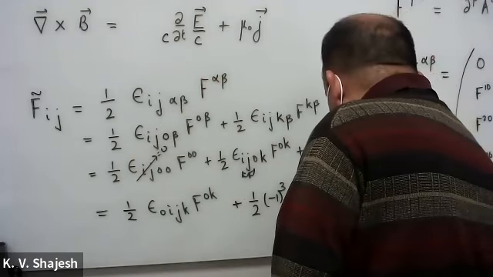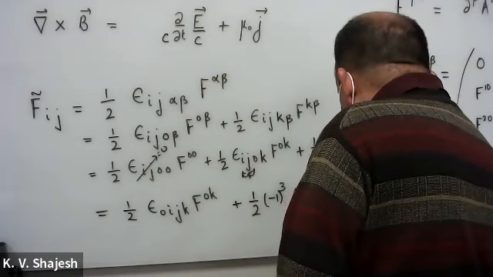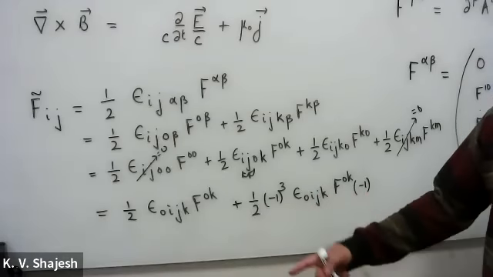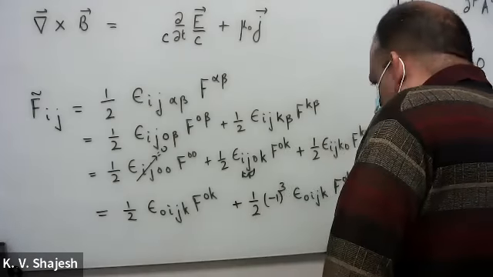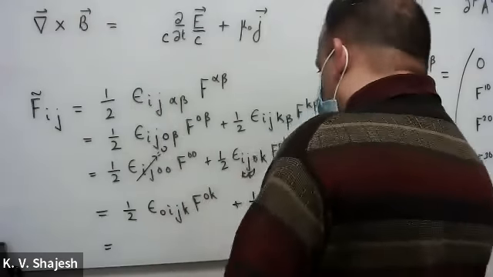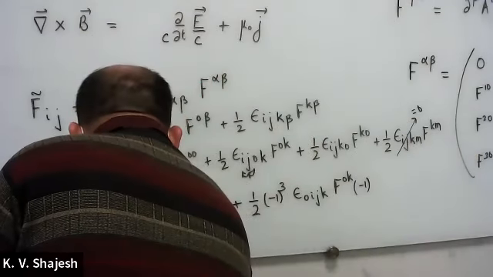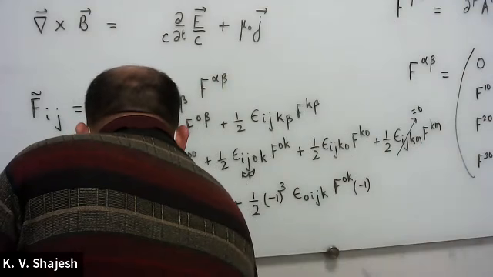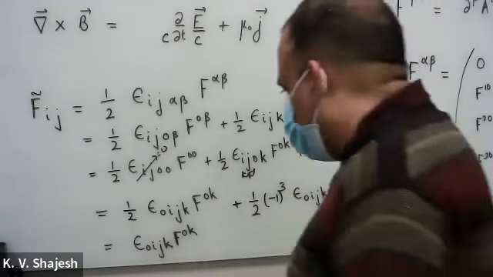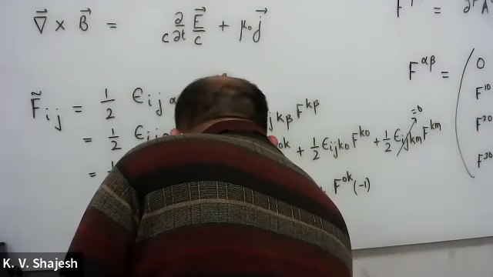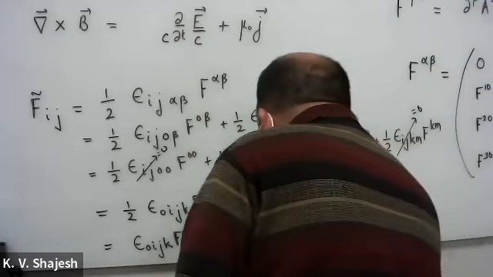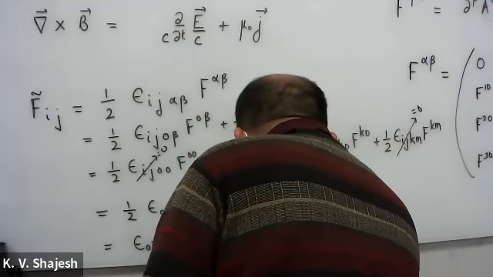So that's F0k with a minus 1. That makes exactly this, because this is minus 1 and minus 1 raised to cube. So that's 4. So this is 2 times. Or 2 times 1 by 2, 1 by 2, it's 1, right? So this is epsilon 0ijk F0k. Epsilon 0ijk is nothing but epsilon ijk itself. Epsilon ijk F0k. F0k was electric field. So that's epsilon ijk Ek over c.